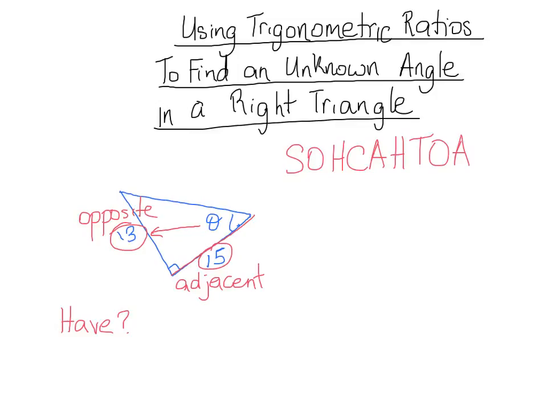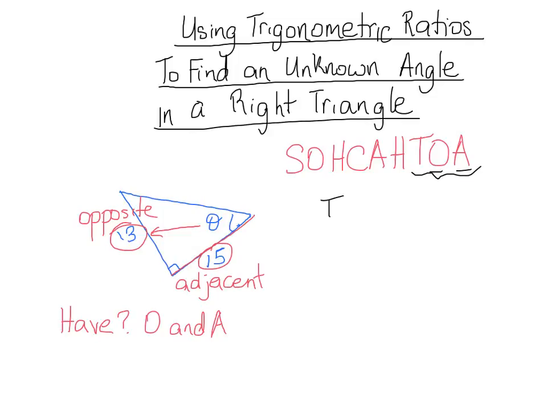All right, so we have the opposite, we have the adjacent. Opposite and adjacent. What ratio uses the opposite and adjacent? Well, if you take a look here, we have opposite and adjacent here, so it implies that we'll be using our tan ratio for this problem.